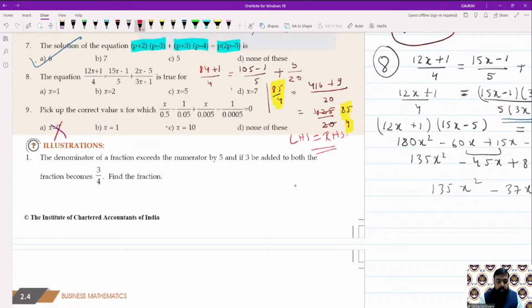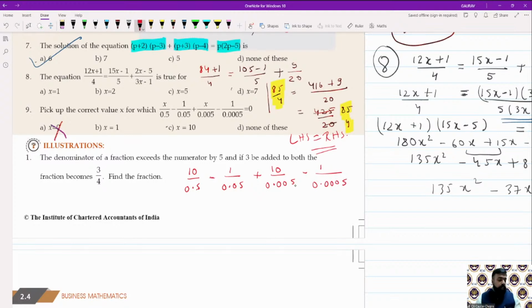So let's try option number C. In option number C, if we put 10 in place of x, so 10 upon 0.5 minus 1 upon 0.05 plus 10 upon 0.005 minus 1 upon 0.0005.